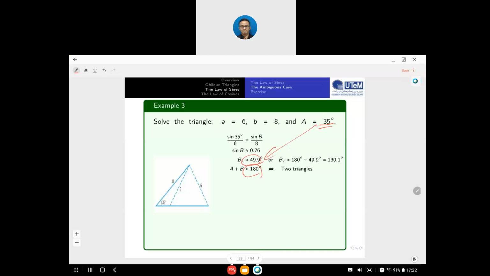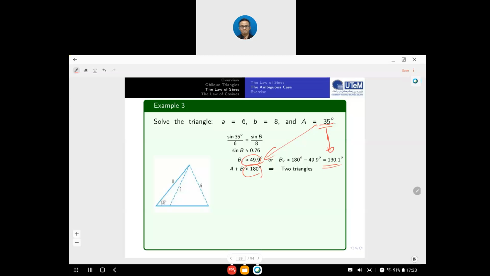When you add 35 and 49.9, you just get 80-something, so still less than 180. And if you sum 35 and 130.1, you get 165.1. Still, you can have another C. So we know that this solution is two triangles.